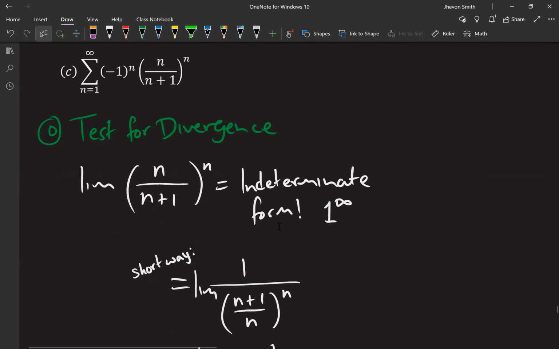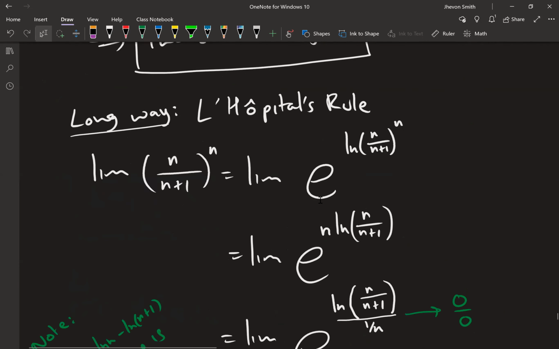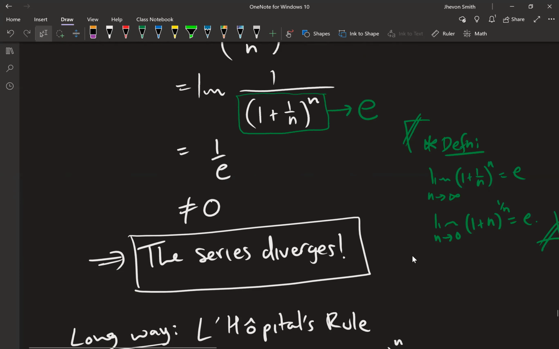Yeah, this one is kind of a little mean, but it did give me an excuse to remind people of how L'Hopital's rule works and remind them of a very important definition for the number e. This also gives you a definition for the function e to the x, which is the most important function in all of mathematics. If I put an x over n, that gives me e to the x.